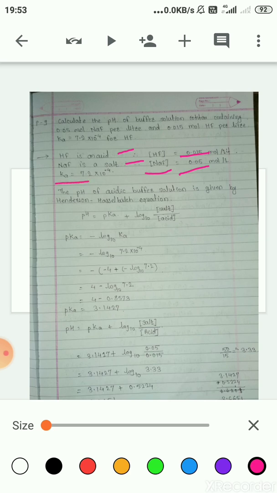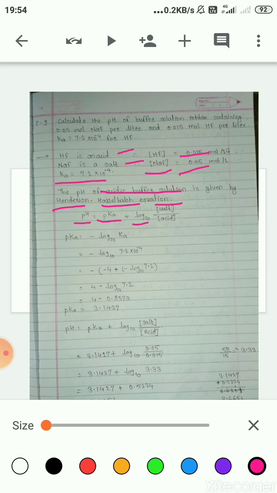And Ka is 7.2 into 10 to power minus 4. After that, write down the Henderson-Hasselbalch equation for acidic buffer solution. The equation is pH is equal to pKa plus log to the base 10 of concentration of salt divided by concentration of acid.